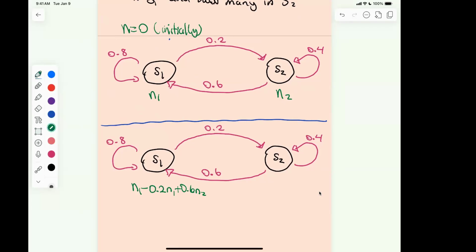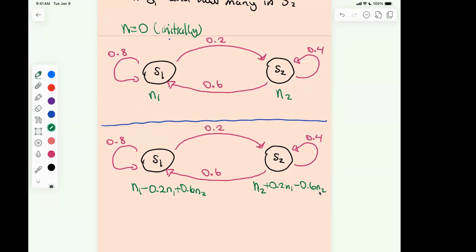In the other one, you had N2, right? How many are you gaining? You're gaining 20% from state one, right? So you're adding 0.2 of N1. But then you lost 60% of the people who were here. So you have to subtract 0.6 of N2. Is that making sense?